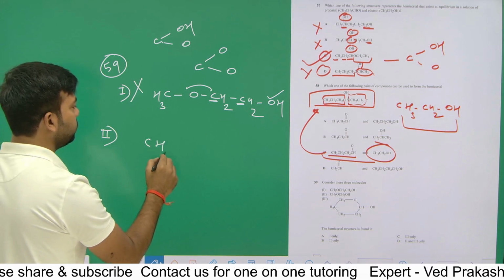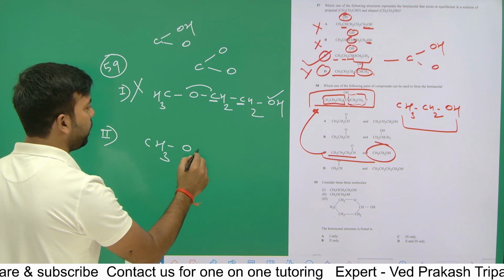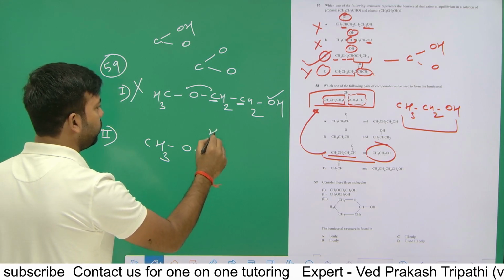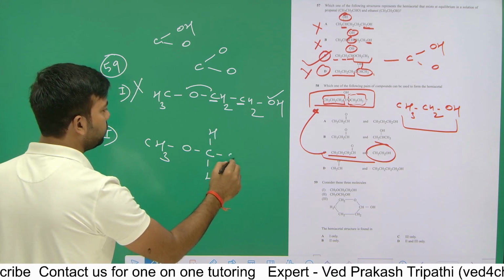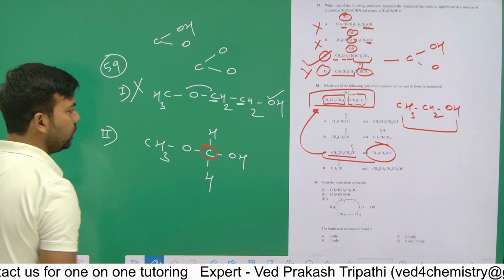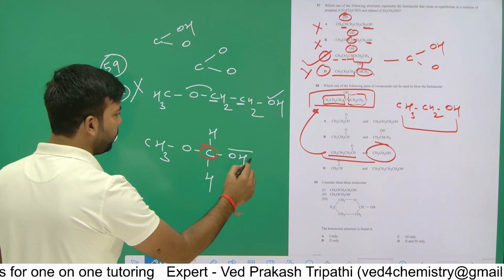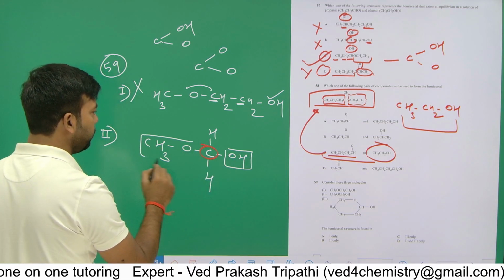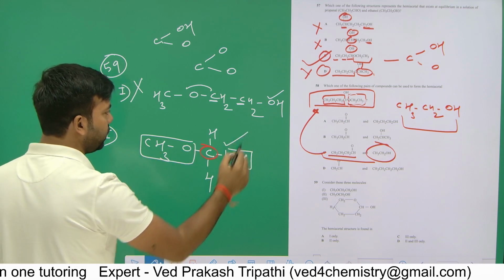Look at the second: CH3, O, carbon, 2 hydrogen and OH. You can see this carbon has 2 oxygen connectivity, one is OH and one is oxygen with a carbon. So this is a hemiacetal.